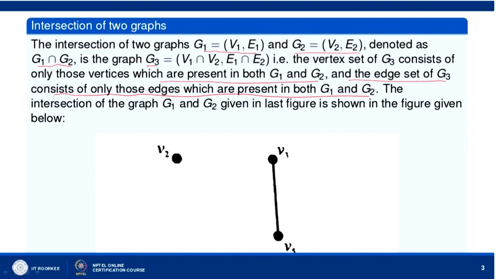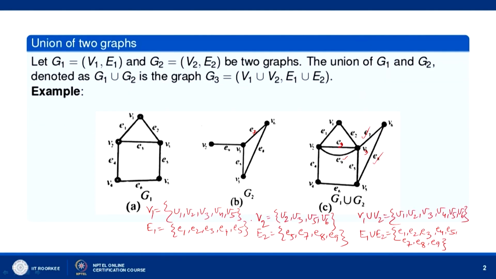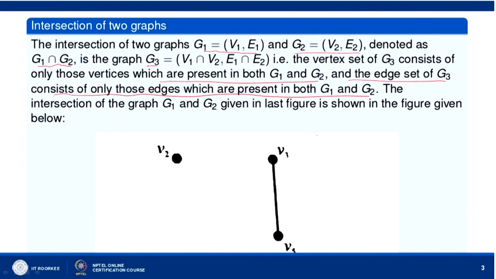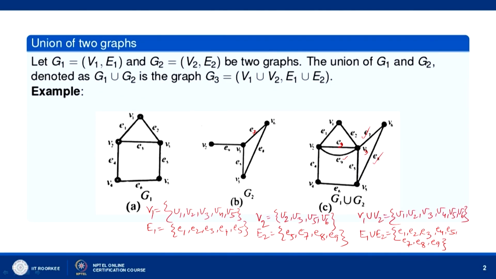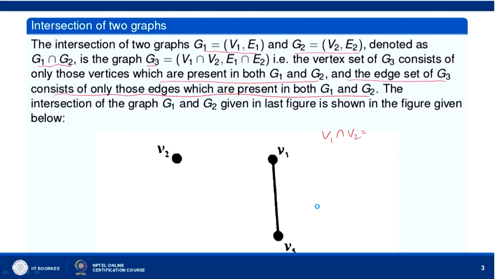So, let us take the intersection of the graphs we have considered earlier, G1 and G2. V1 intersection V2, see what is common: V2, V3 are there, and V5. So, V1 intersection V2 is equal to the set consisting of V2, V3, V5.